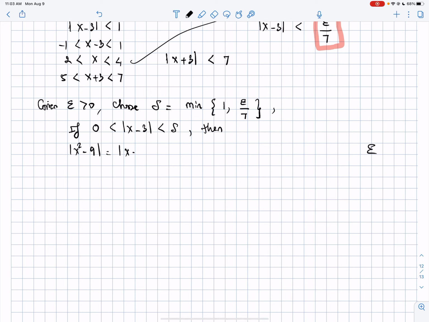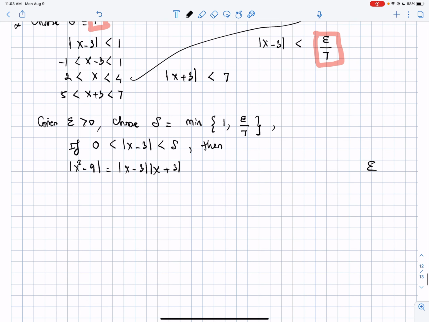So now we can factor. Okay, so we record that absolute value of x plus 3 is less than 7. So I have 7.